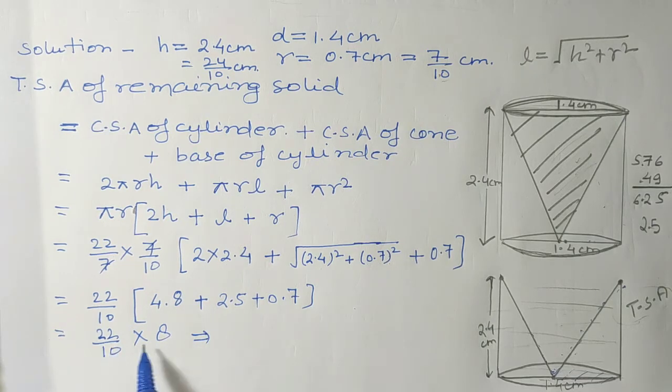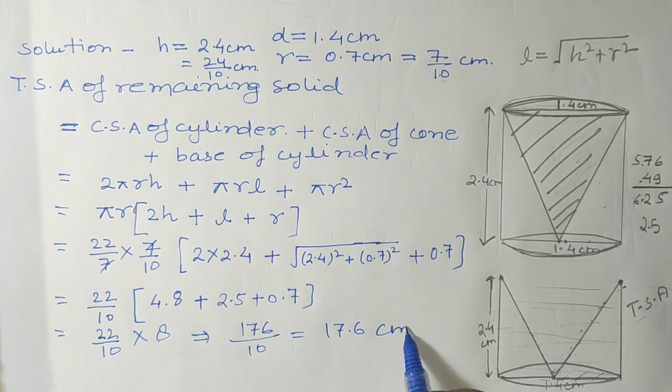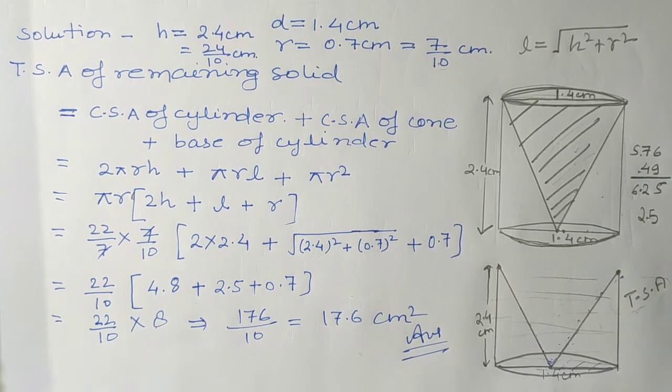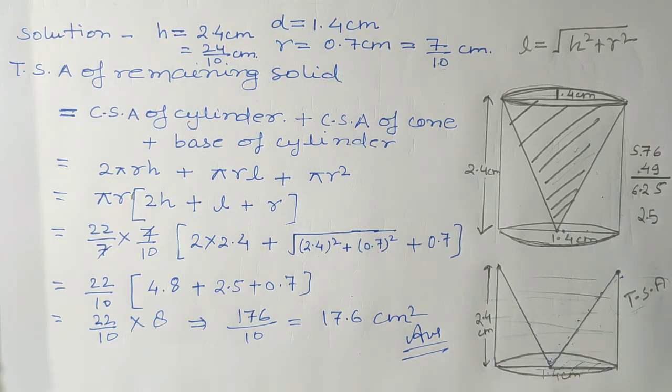So when you will solve it, 22 8s are 176, and 176 by 10 is 17.6 centimeter square. So this will be the answer of this question, that what will be the total surface area of the remaining solid. The total surface area of the remaining solid is 17.6 centimeter square.